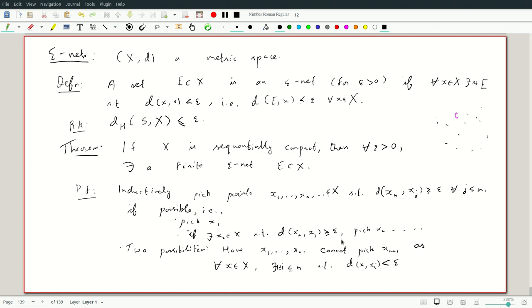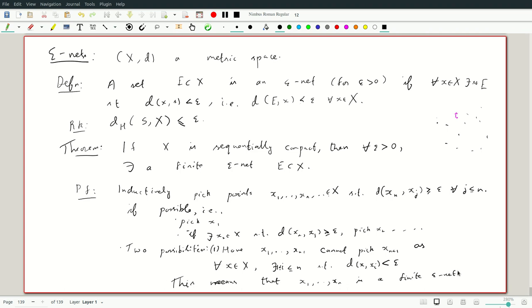So the opposite happens: we cannot find any point which is at distance at least epsilon from all of these. This possibility is what we wanted. This means that x1 to xn is a finite epsilon net. We are done.